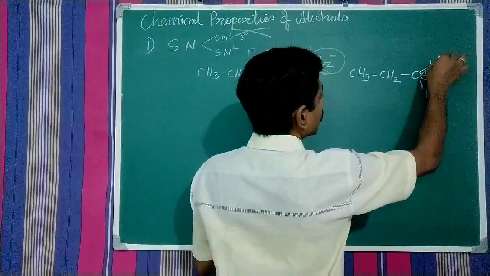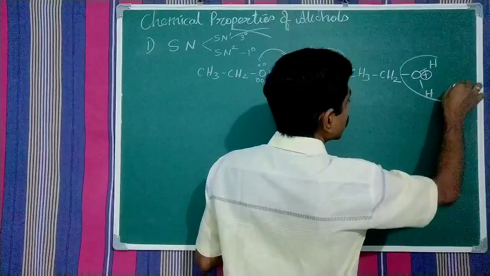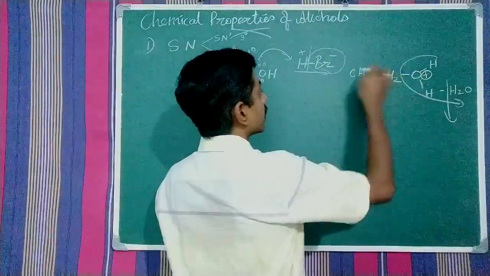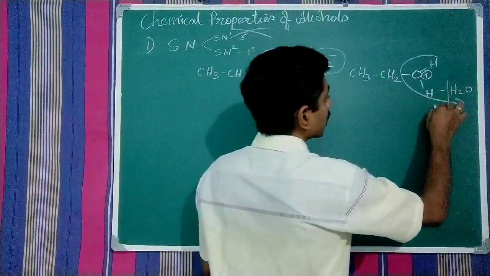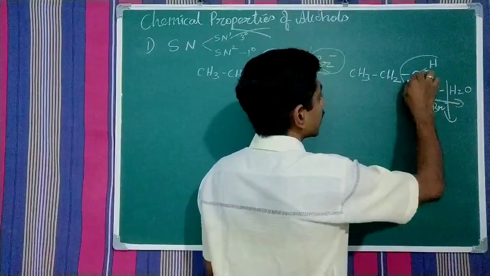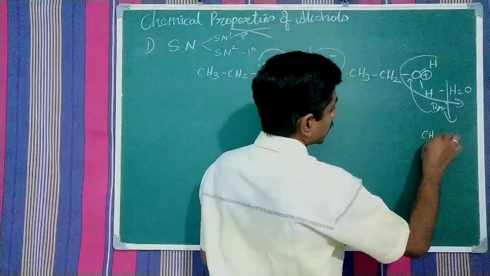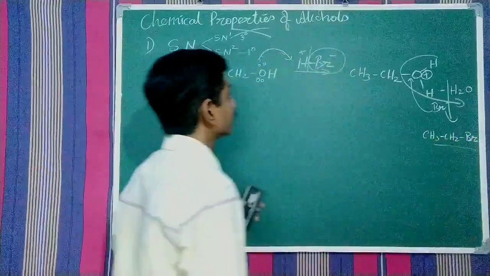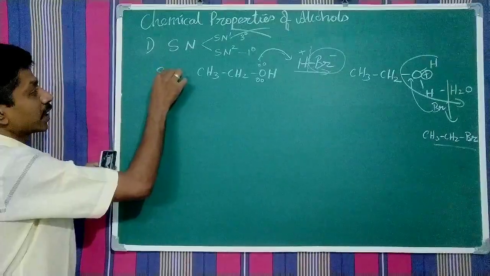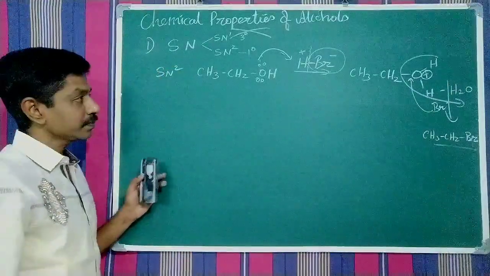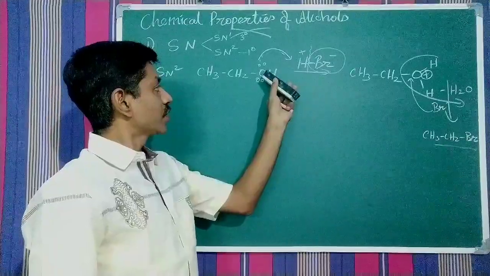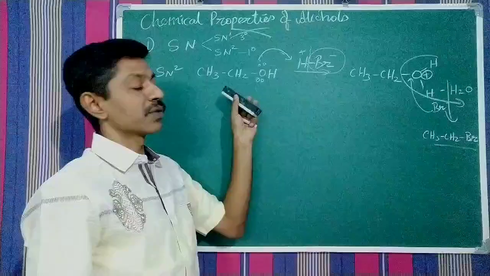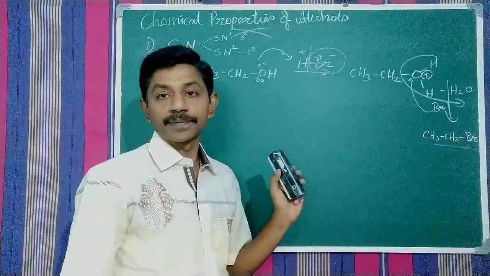So this group has to leave the place as H2O in the next step, minus H2O, and the Br minus ion that is available will go on to occupy that place. So the final product is CH3CH2Br, ethyl bromide. So this is an SN2 type of reaction. The OH minus will leave the place and Br minus will go and join to form ethyl bromide.